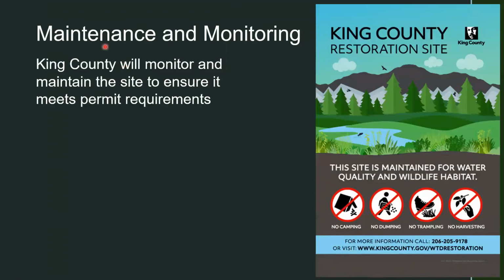So all of the restoration elements that I've been talking about are going to be subject to a monitoring period. The agencies always require this for restoration and mitigation projects. We don't know the exact period of time under which we will be monitoring, but we are currently proposing between 5 and 10 years of monitoring, depending on where in the project and the type of restoration that we're installing.